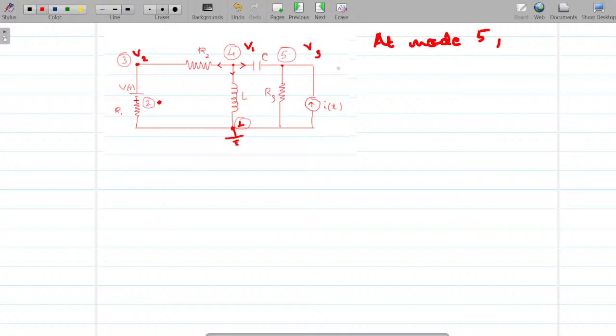At node 5, can I write the net currents would be IC, again marking all currents to be leaving. It is the basic parameter. Mark all leaving currents. So all currents are assumed to be leaving, plus IR3, minus I of t. This current is given in this direction, but we are taking all leaving currents, so this would be minus I of t, right? Equals 0.